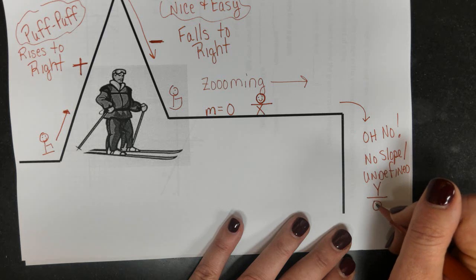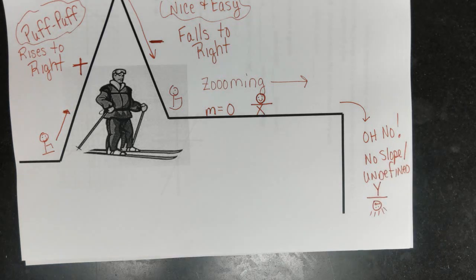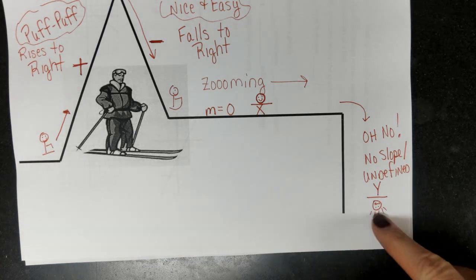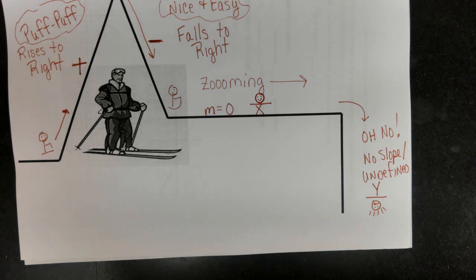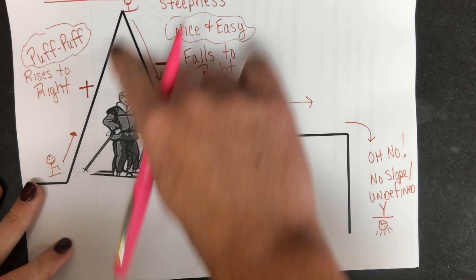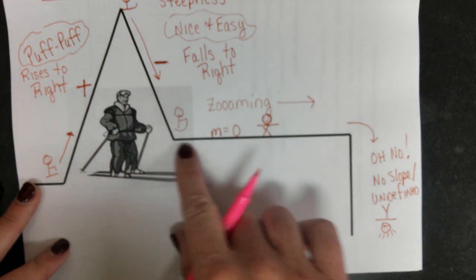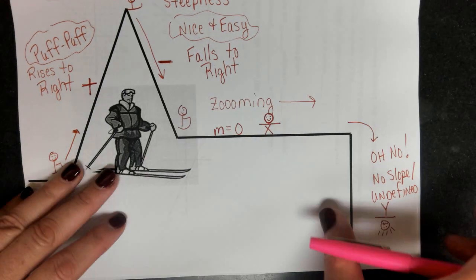Here Slope Dude is saying, oh no, I'm falling off the cliff, and his head is on the bottom instead of on top where it needs to be. So that's just a silly picture and a silly little story to help you recognize positive and negative slopes versus a 0 slope and an undefined slope.